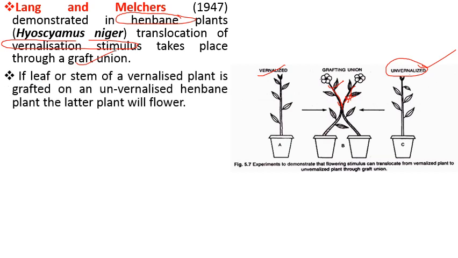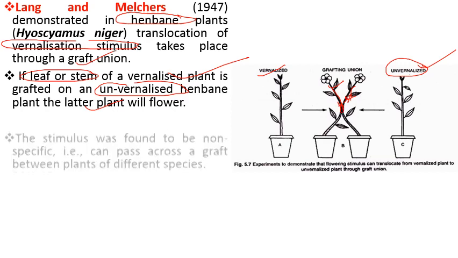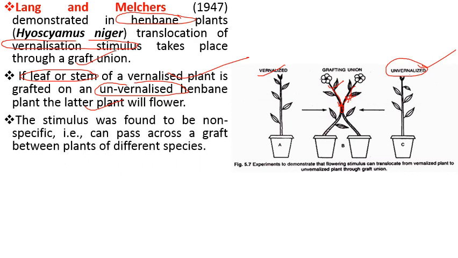So if leaf or stem of a vernalized plant is grafted on an unvernalized henbane plant, the latter plant will flower. It means the stimulus of vernalization gets transferred from that vernalized portion to the unvernalized portion through that graft union.